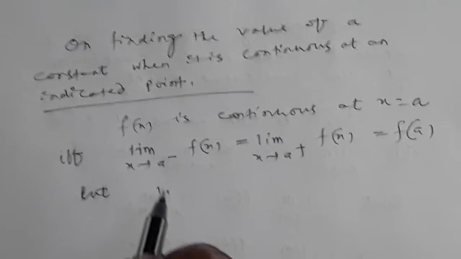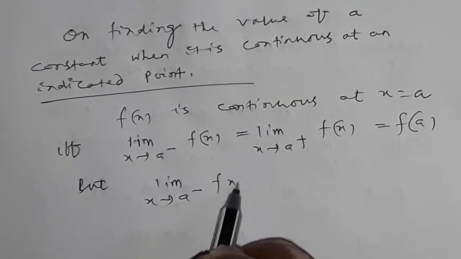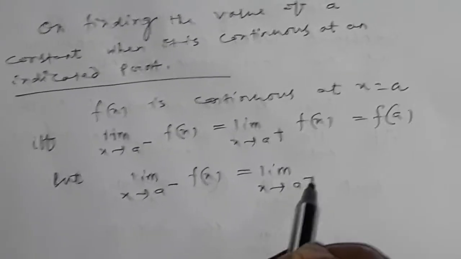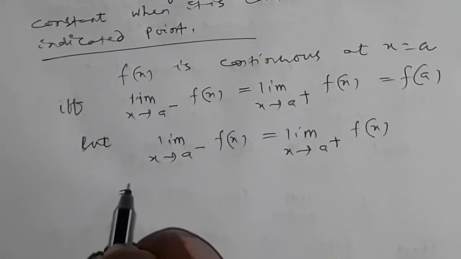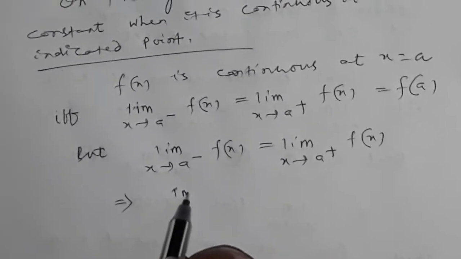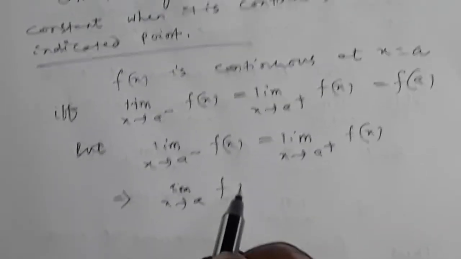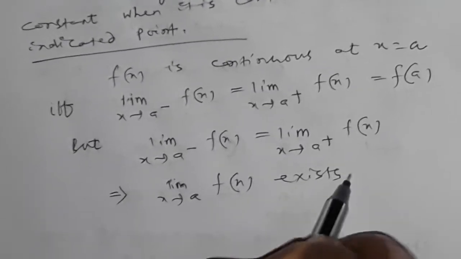But limit x tends to a minus of f(x) equals limit x tends to a plus of f(x) implies limit x tends to a of f(x) exists.